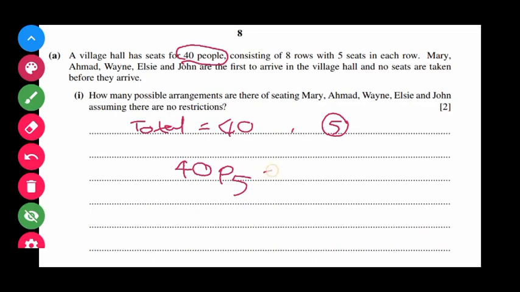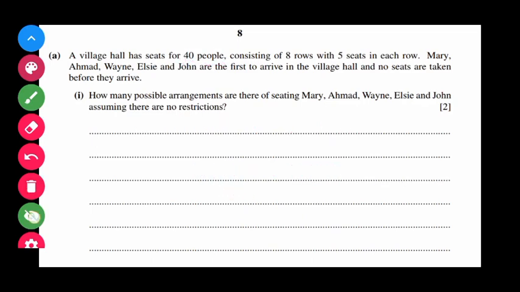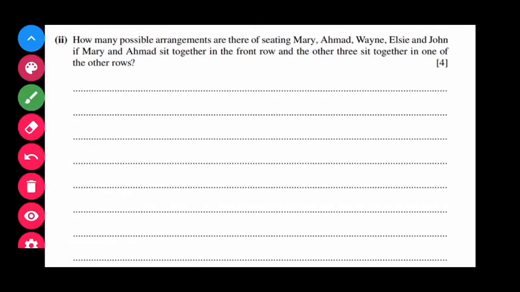Okay, so just do the calculation, we get the answer 78960. So this is a simple question. So remember, always with no restriction, you have to do the total number of arrangements within the given number. Okay, let's go for the second question.